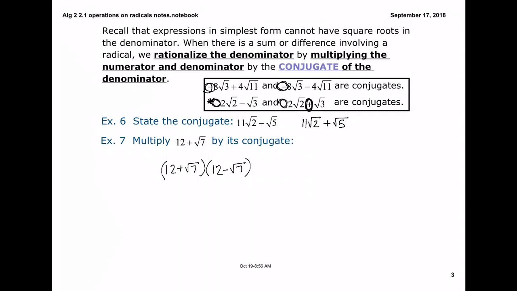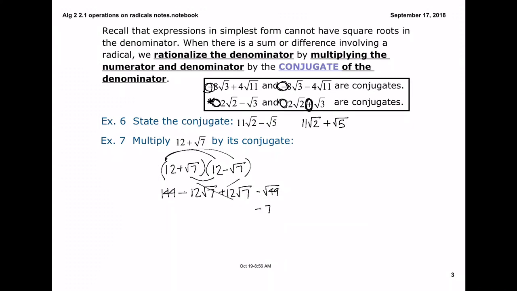And if we distribute this out, 12 times 12 is 144. 12 times negative root 7 is negative 12 roots of 7. Root 7 times positive 12 is 12 roots of 7. And square root of 7 times the square root of 7 gives us negative square root of 49, which simplifies to 7.